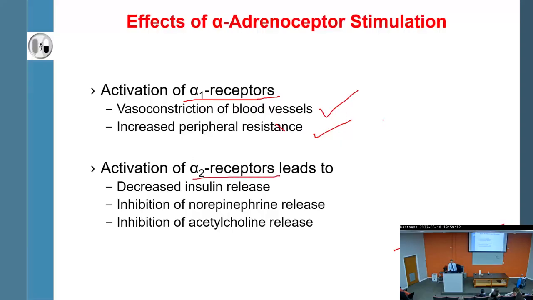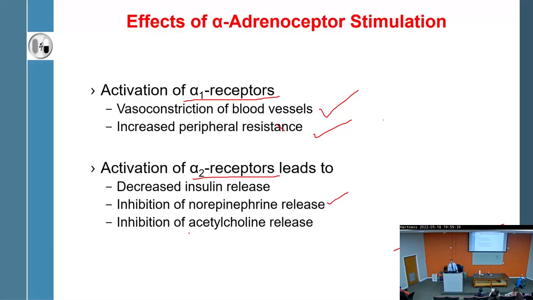Alpha-2 receptors, remember that I mentioned that they can be autoreceptors? No, I didn't mention that. Alpha-2 receptors can be autoreceptors. That means the autoreceptor can have a negative feedback on the release of neurotransmitter. They can actually inhibit the release of neurotransmitter.